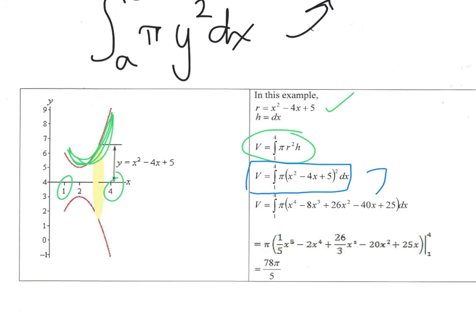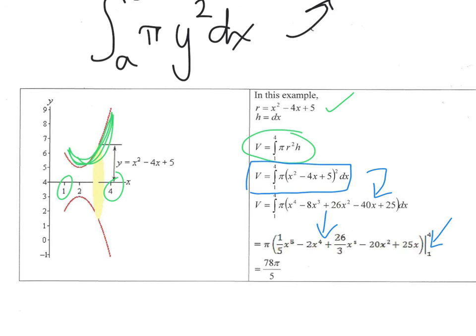You want to square your function out. So there we're squaring the function out. Algebraically, yes, it's a little bit tricky. And then you're going to go ahead and take the integral of each of those terms and substitute in 4, and then subtract substituting in 1.